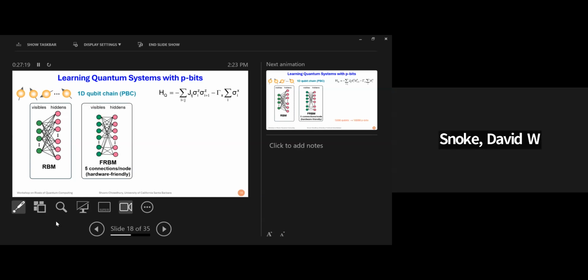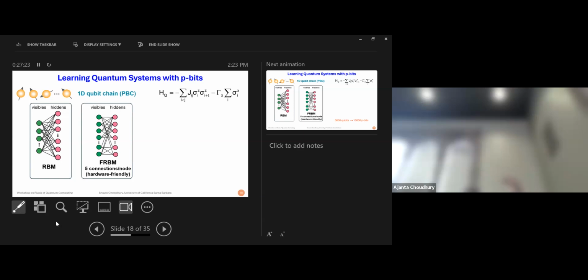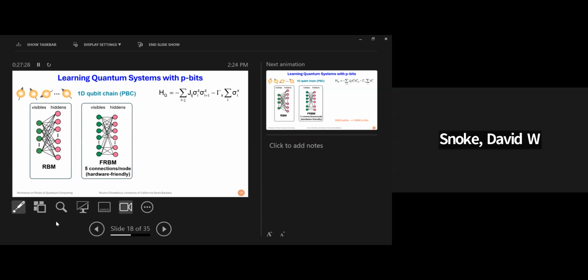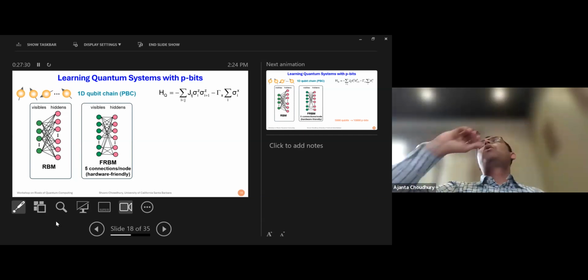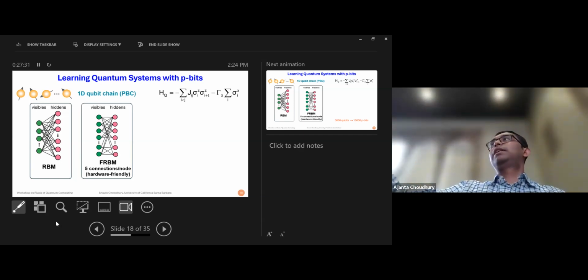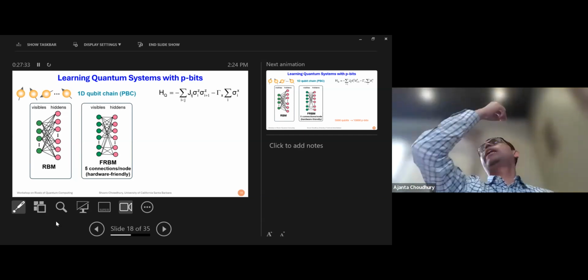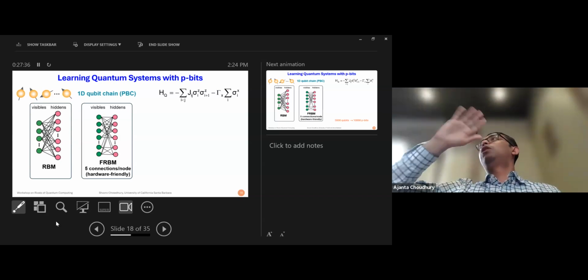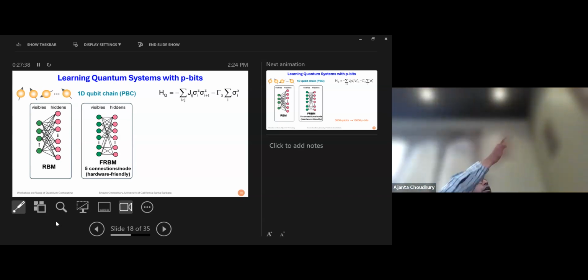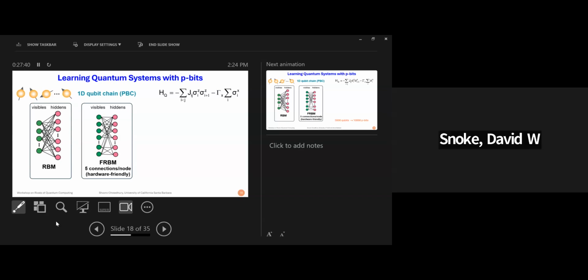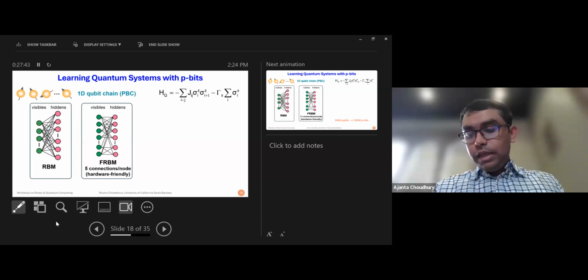So what we actually did is further restrict this machine learning model. We restricted the connection from each visible node to only 5 hidden nodes and vice versa. Each hidden node is also connected to only 5 visible nodes, which is easier to do in hardware because of the fan-out and fan-in issues.